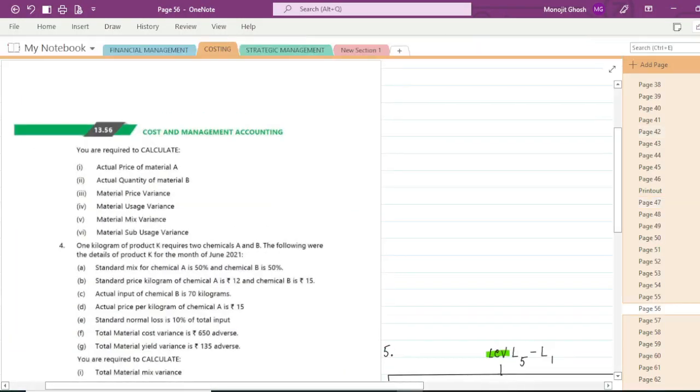So this makes an end to the quick revision of standard costing. I have covered all the concepts of the chapter standard costing.